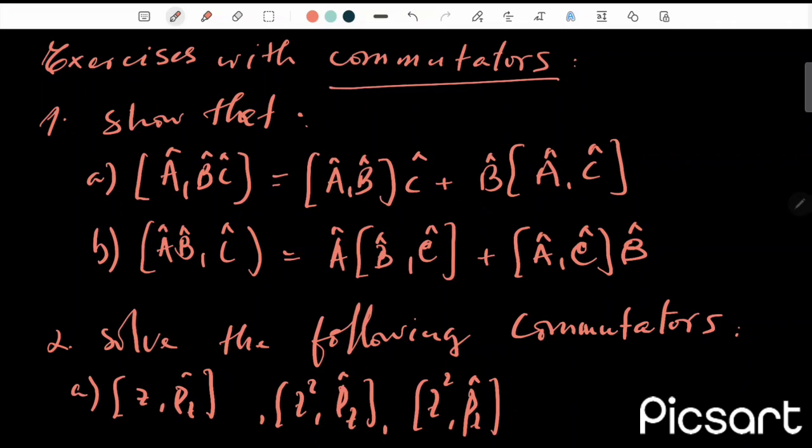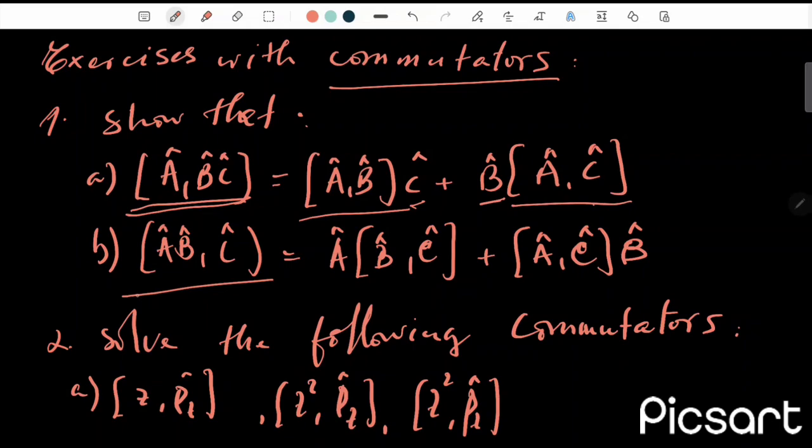In the first one, we want to show these two identities, where we have a commutator of operator A with a product of operators B and C, and we want to show that this commutator can be rewritten as the sum of two commutators, multiplied with the operators: the commutator of A and B multiplied by the C operator, and B multiplied by the commutator of A and C.